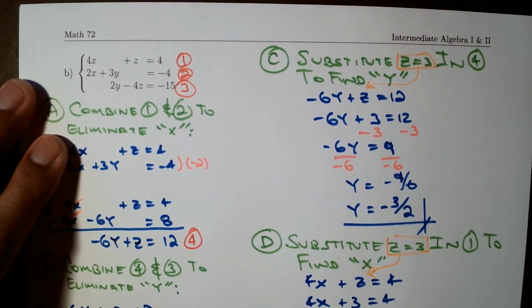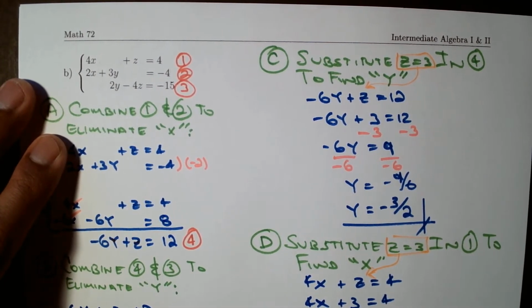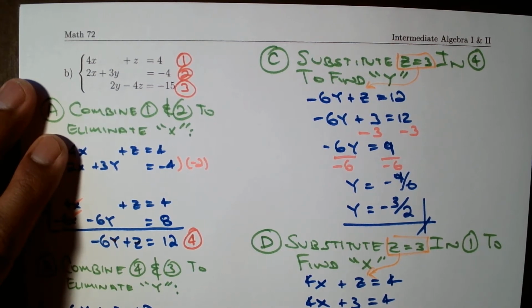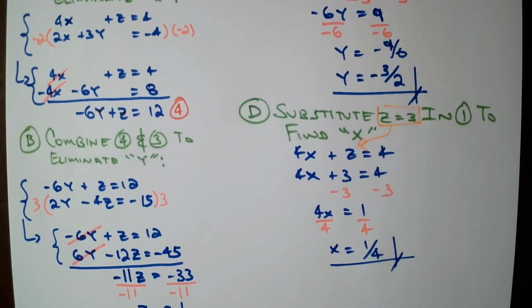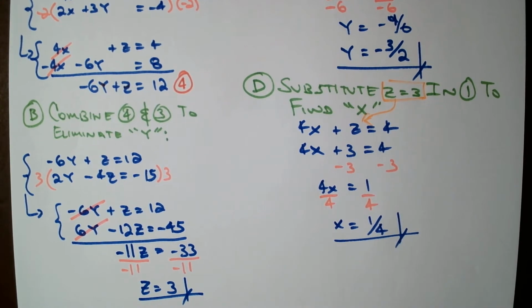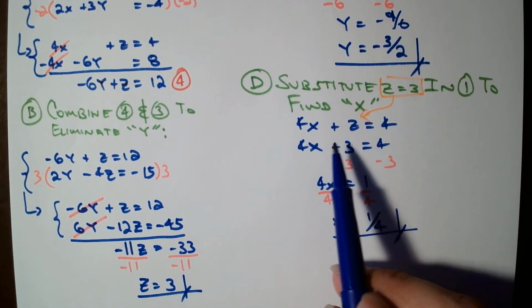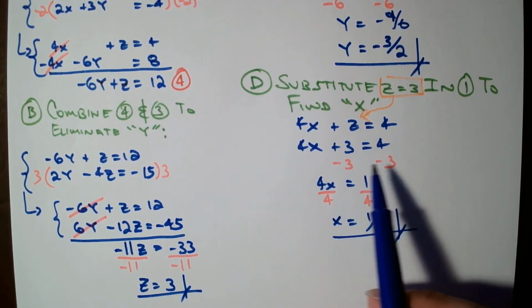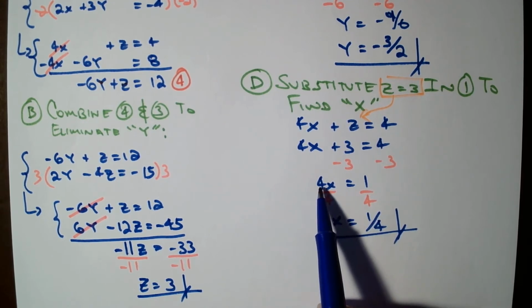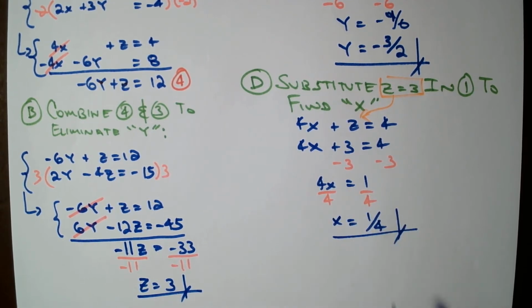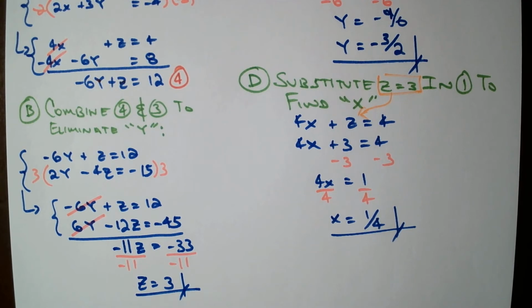So 4x equals 1, and divide both sides by 4 to get x by itself, which in this case is 1/4. I wasn't able to show you this, but basically, subtract 3 from both sides, and that gives us 4x equals 1, divide both sides by 4, and x is 1/4.